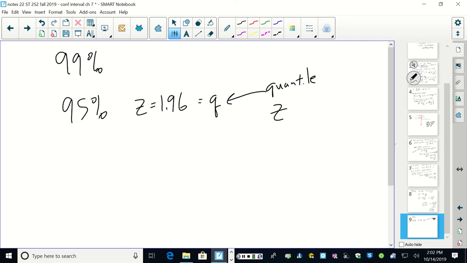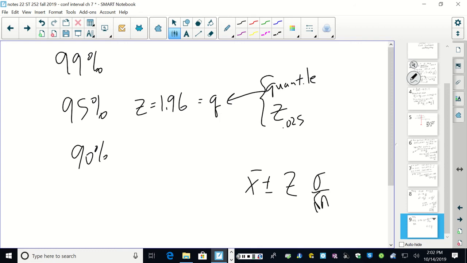Other places will put 0.025, for the upper 97.5 tail, so other places will have different notation for that. I don't know if I've ever seen it just called Q. More often I've seen it called Z, but whatever. It's just a multiplier there. Right? Or 90%. And these things will come here, the x bar plus or minus the Z value, sigma over square root of n.